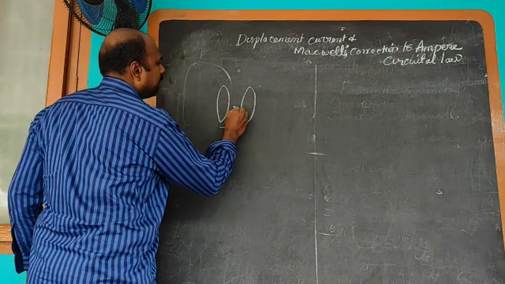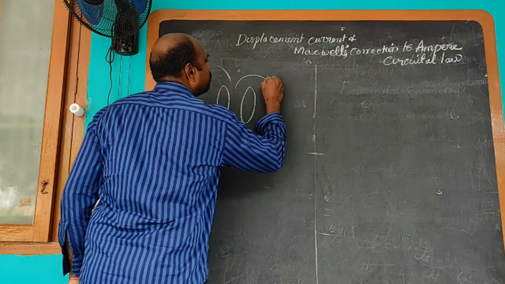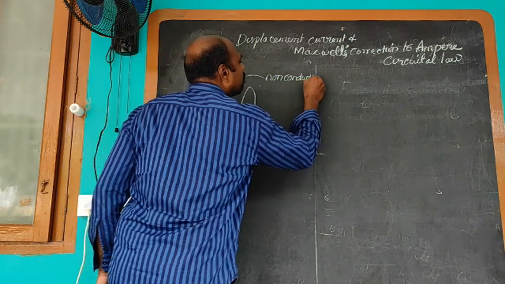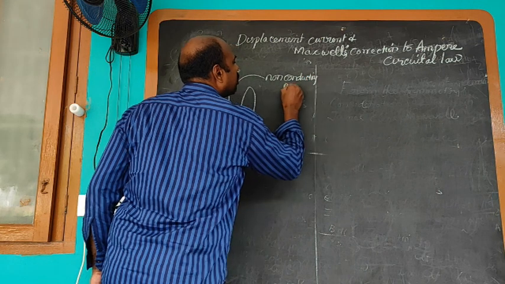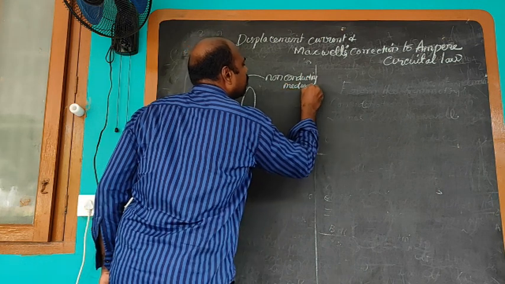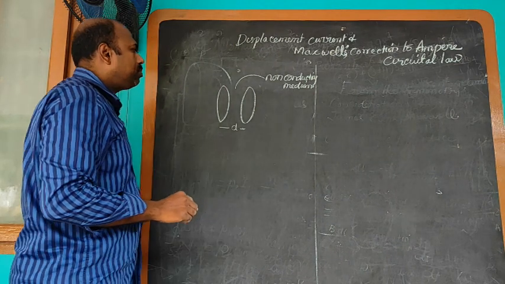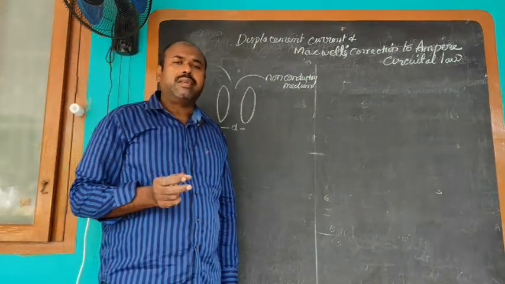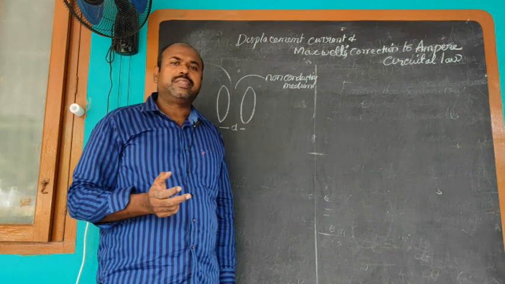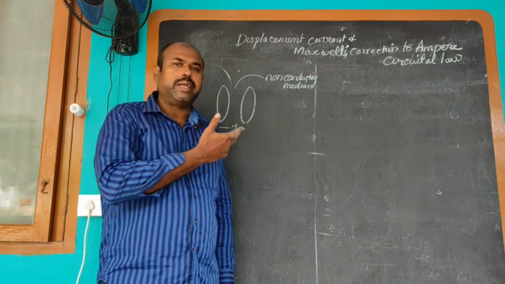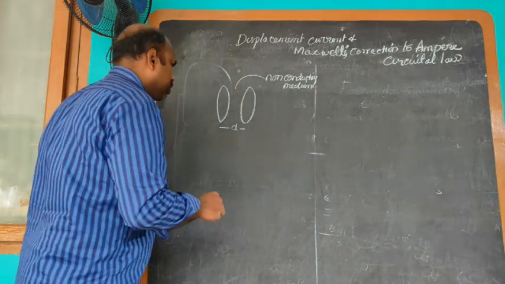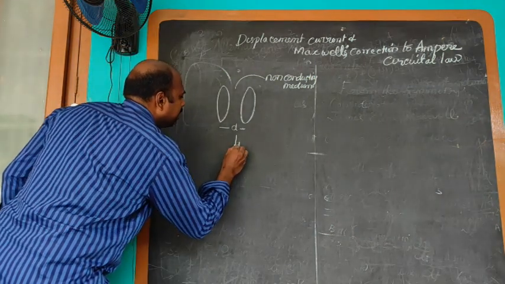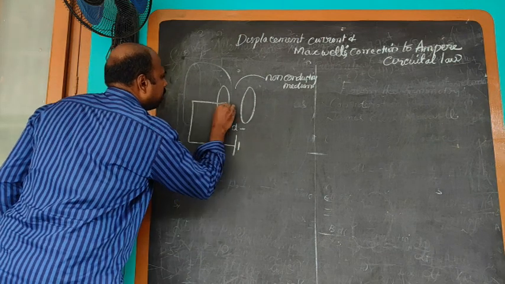There is a non-conducting medium in between the plates. Now the current IC, called the conduction current, is passed through the wire to charge the parallel plate capacitor. Like this, a DC battery is attached to the parallel plate capacitor.